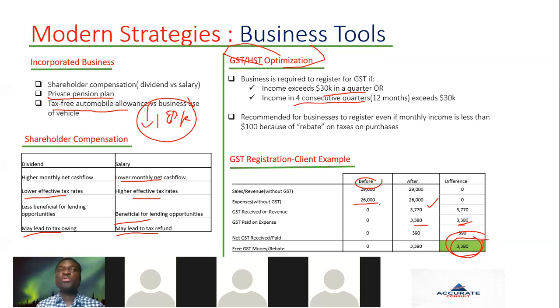GST filing is different from our personal or corporate income taxes. So we'll file for GST separately. When you file for GST separately, you report the GST you collected on your revenue, you report the GST you paid on your purchases, and this is the net amount that will come back to you.